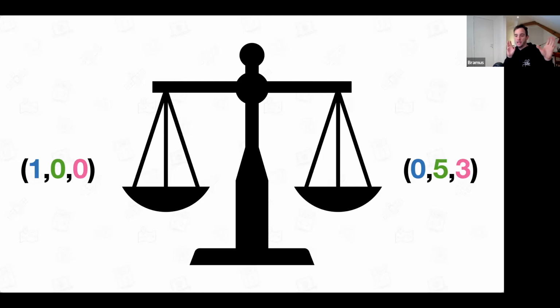So first you compare the A part. If that one determines the winner, then you say, okay, well, that one's heavier. If not, if they both have the same number, then you compare the B part. If the B part has the same number, only then you compare the C part. And if those are equal too, well, then they have the same specificity.